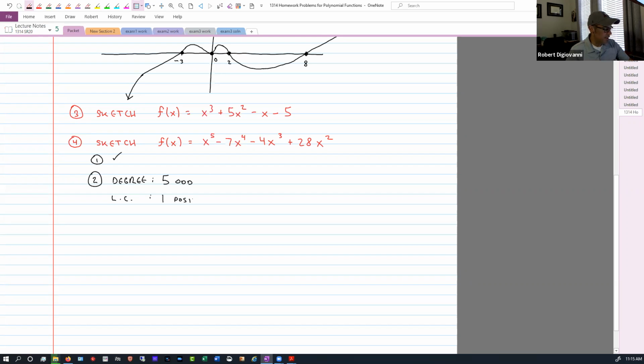So this one's going to do exactly what number 2 did. The left side goes down, the right side goes up. Now the x-intercepts, the harder part, is we have to factor this. So we have to sit here and take this thing and try and set it equal to 0.